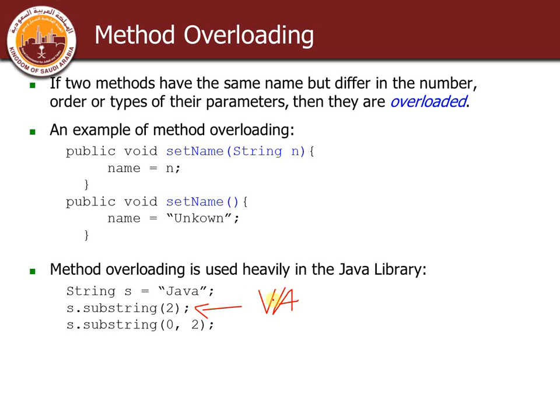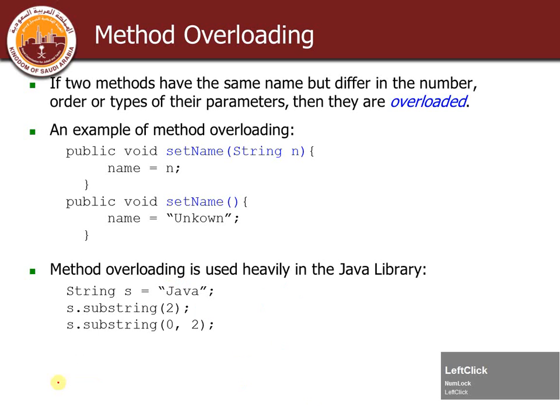That's why it's going to show VA. If I'm using this one though, substring(0, 2), that's 0, that's 1, that's 2. So I'm starting with the first one, I'm not including the last one, so I'm going to stop at the A here. So JA, Java for that one.